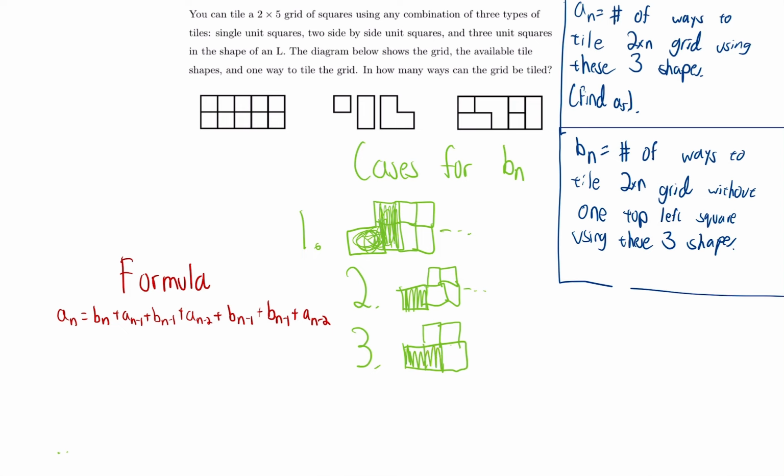You can see that these are all the possible cases that contain that, because there's the 1 by 1, there's that L, and there's that 2. So we can also derive that case 1 is just a of n minus 2 ways.